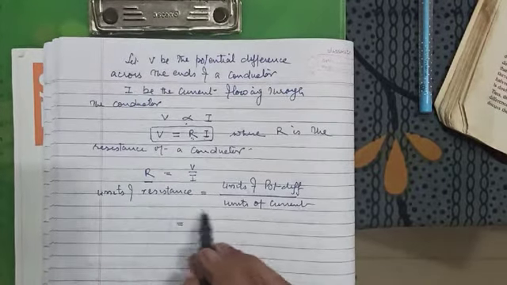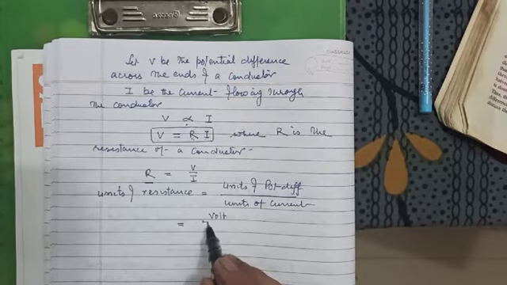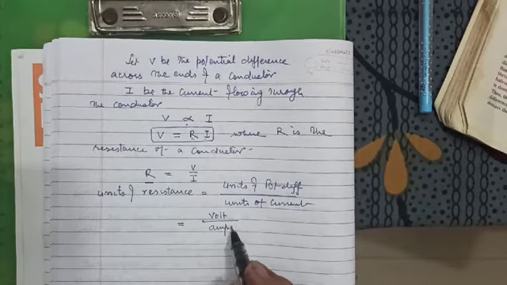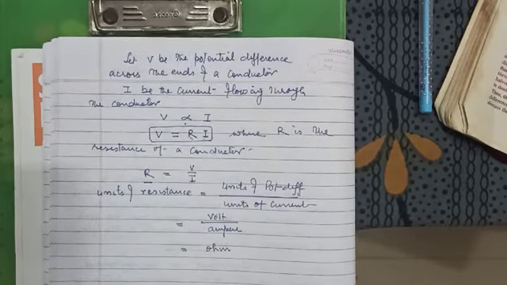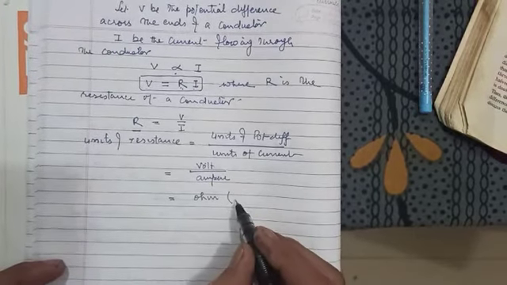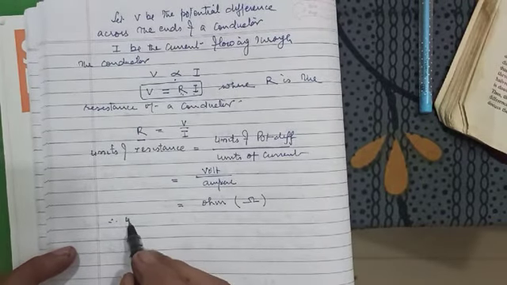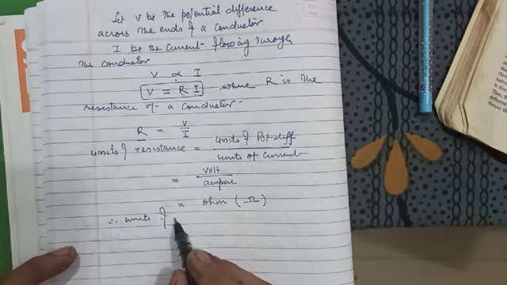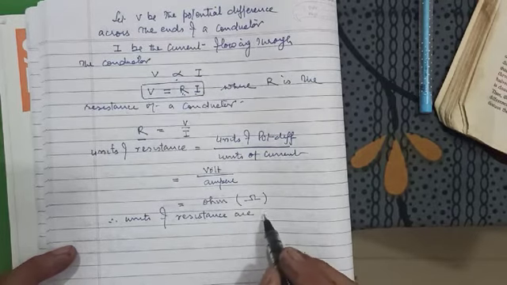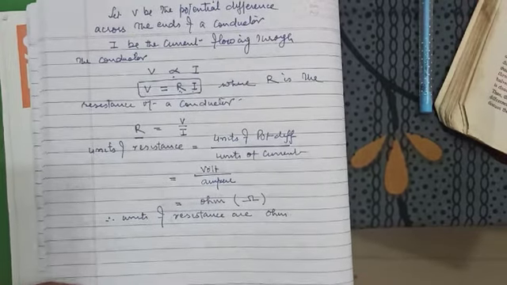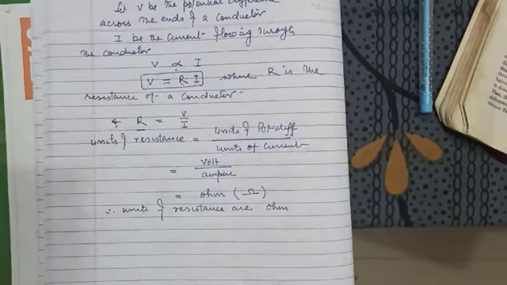The units of potential difference are volt and the units of current are ampere. So it is volt over ampere, and volt over ampere is called ohm, and it is written in symbolic form like this. Therefore we can say the units of resistance are ohm. We can also define the resistance from here.